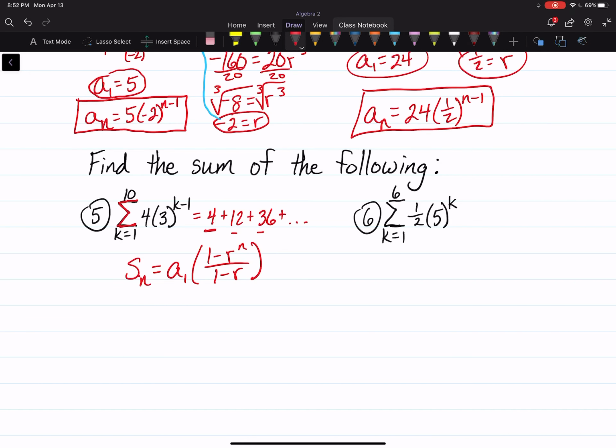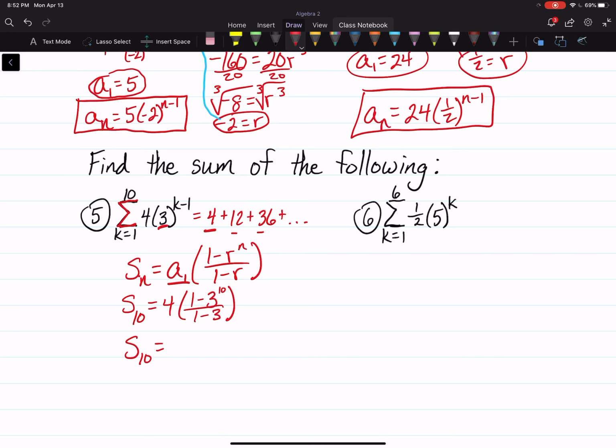There would be 10 numbers that we'd be adding here. So we're finding s sub 10 equals the first term again. We got 4 times 1 minus our r. R is always what's in the parentheses there. It's 3, so 1 minus 3 to the, again, n power. So in this case, n is 10 divided by 1 minus 3.